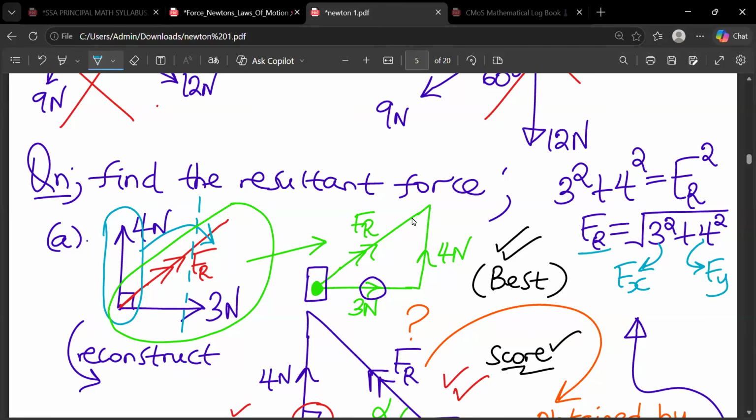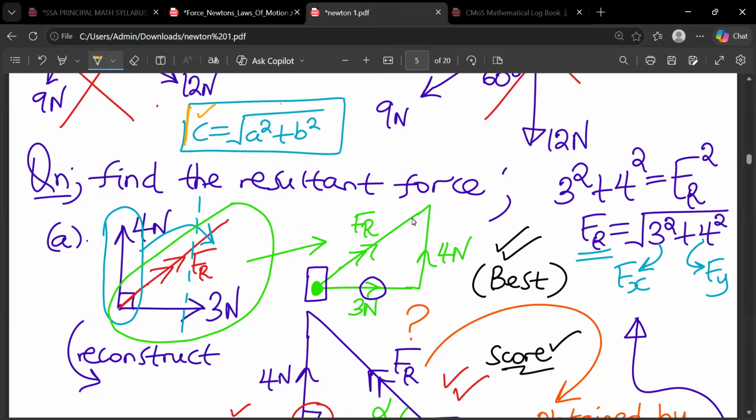What does that mean? That every time you want to get this one, remember it's like our C. You all know this thing from Pythagoras, that C is the root of a squared plus b squared. And from the triangle, you all know that we always tell, of course, this C is always the slanting one, which is our resultant force in this case. A is usually the what? The horizontal component, and B the vertical one.